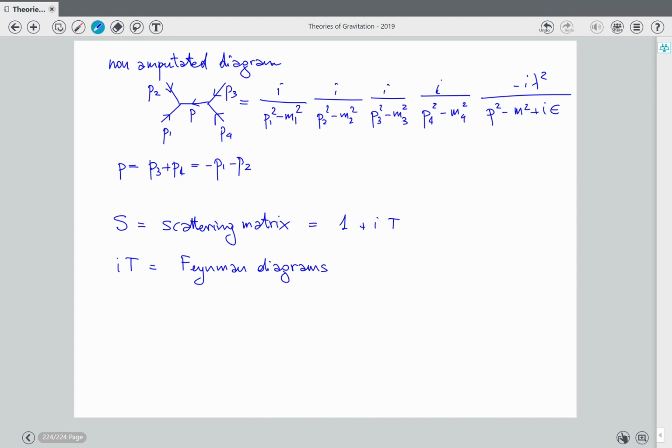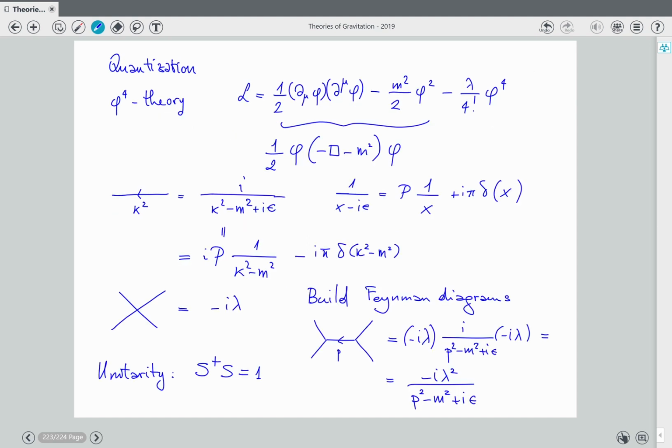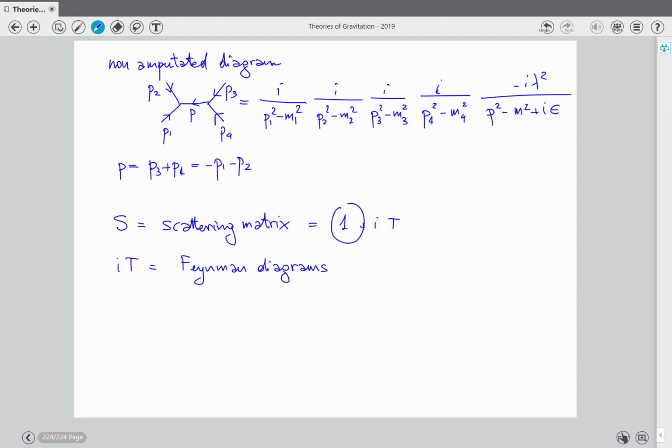Then we will see how to compute Feynman diagrams, but these are the diagrams. One we have already computed. For example, this is a contribution to IT. The 1 is the S matrix of a free field theory where no interaction occurs, and so that's the trivial part. So you isolate the trivial part of the scattering matrix by writing it as 1 plus IT.